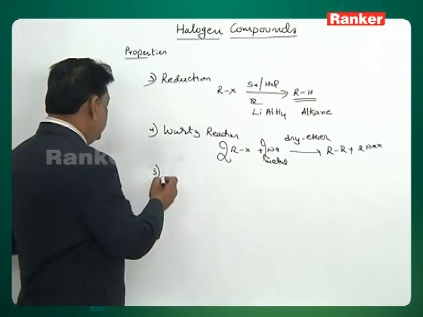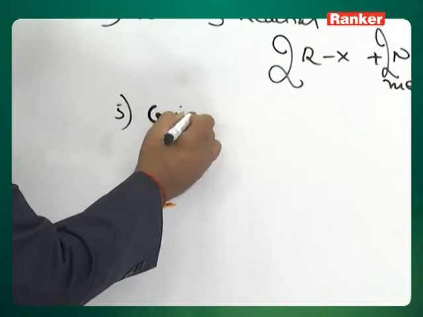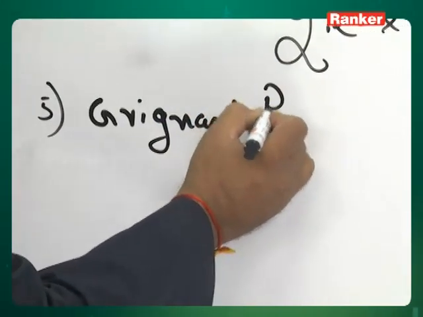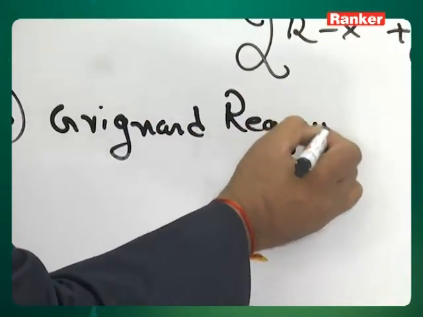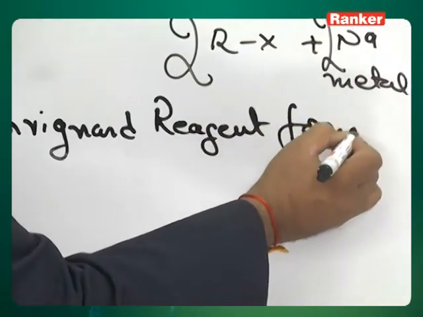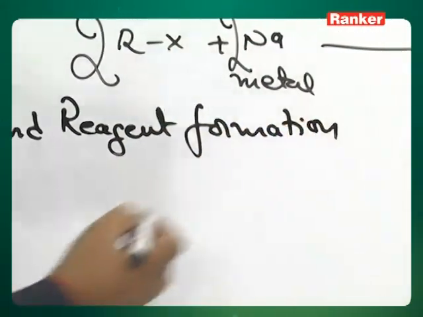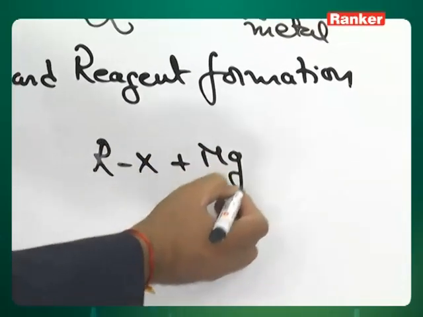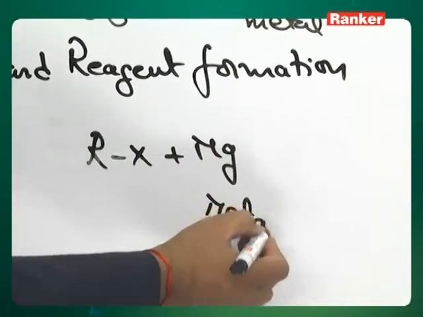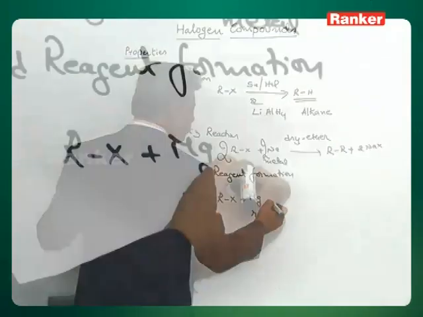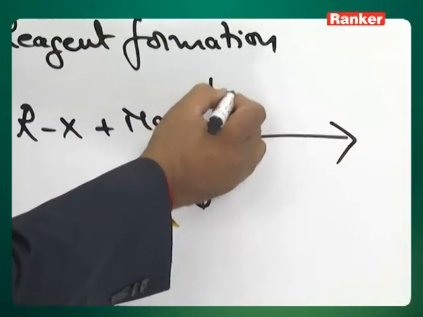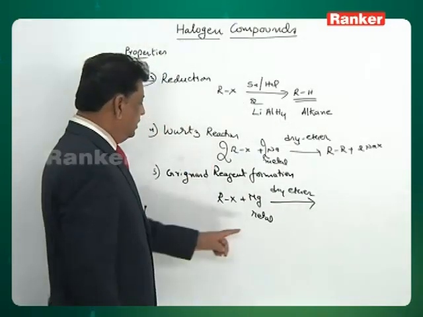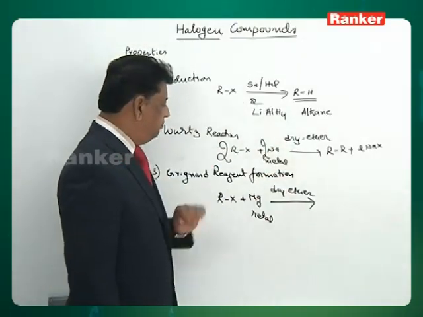The other reaction is Grignard reagent formation. When alkyl halides are treated with magnesium metal, metallic magnesium in the presence of dry ether, the reaction condition is very similar: metal is added and dry ether is maintained.